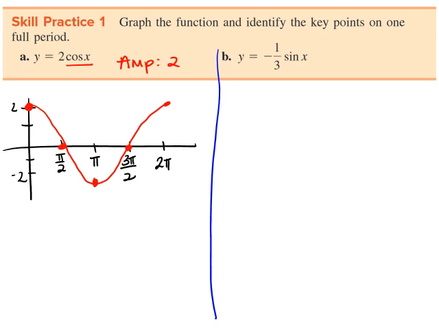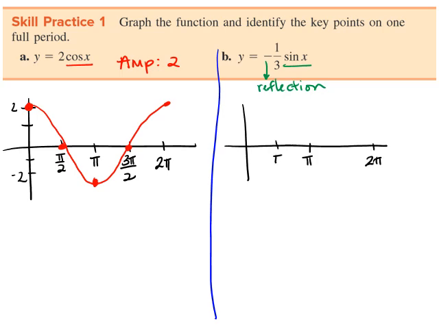Over here in part B, this is a graph of sine of x. We will have a reflection. And since we are multiplying by 1/3, this graph will be a bit smushed. So here we go.